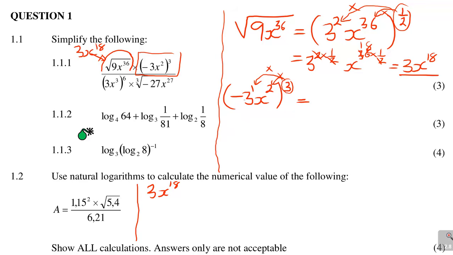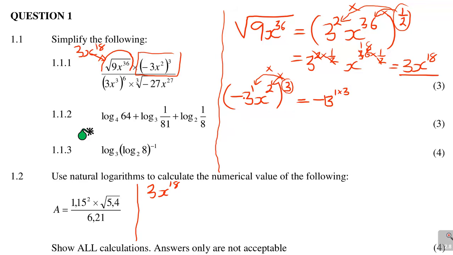You need to be very careful of this negative part because it's negative 3. So what you have is negative 1 times 3. Because the negative here is not affecting the power, it's like you've got negative 1. So you don't need to put a bracket there, you can just leave it like that.